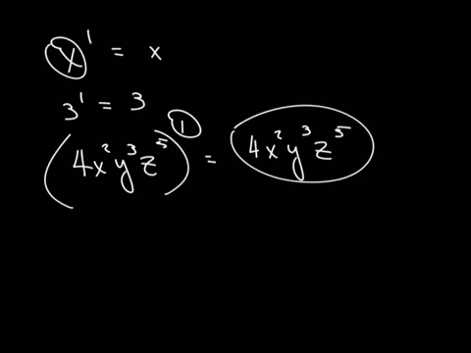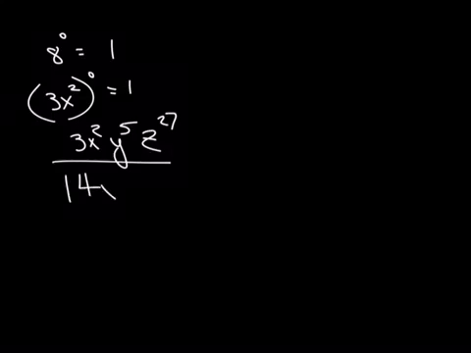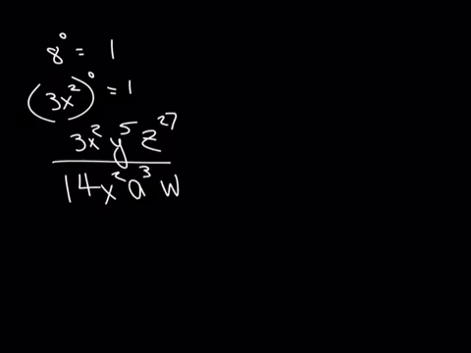All right, so when the exponent is 0, what do we get here? We get 1. And I guess I will explain how that works. 8 to the 0 is 1. 3x squared to the 0 power is 1. 3x squared y to the 5th z to the 27th over 14x squared a cubed w to the 15th.